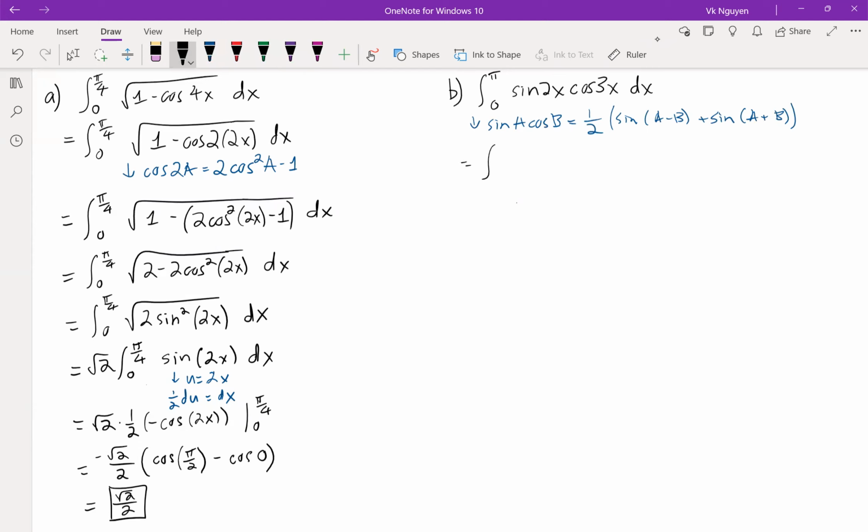And we have the integral from 0 to pi of sine of 2x minus 3x, which is negative x, plus sine of 2x plus 3x, which is 5x, dx. I'm going to write a 1 over 2 on the outside.